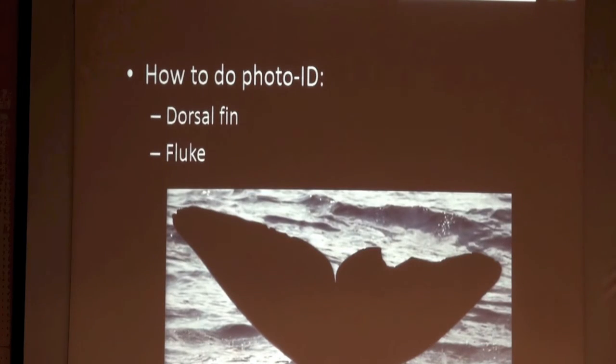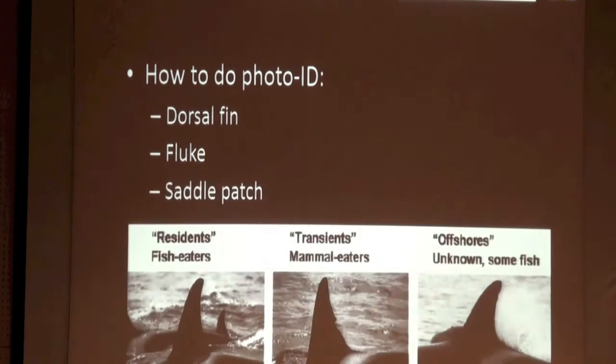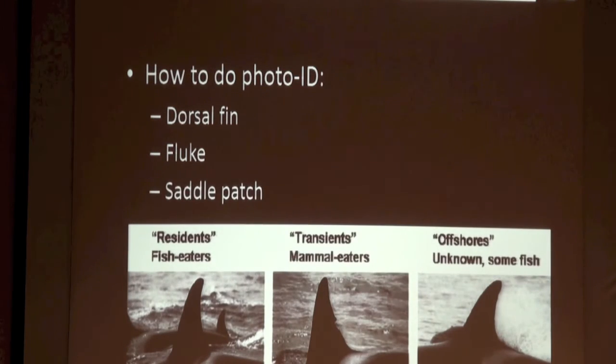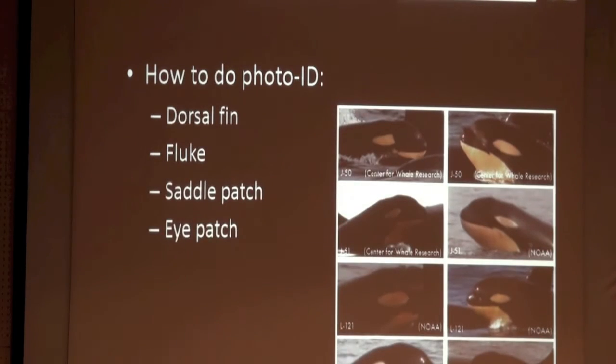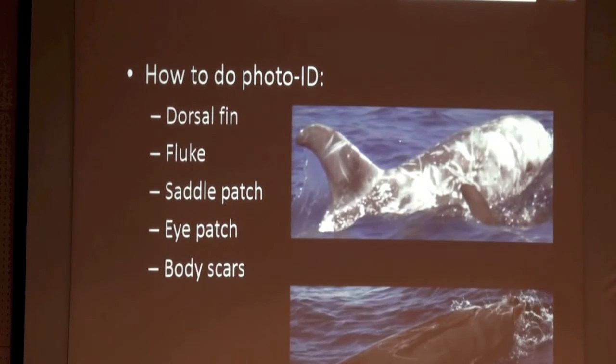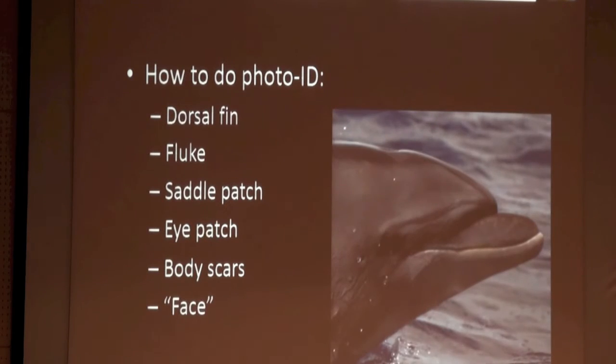You can use the fluke for sperm whales or humpback whales, the saddle patch for killer whales, or even the eye patch. There you are looking at patterns of coloration and shapes. You can use body scars for beaked whales, especially in males, and of course for Risso's dolphin.